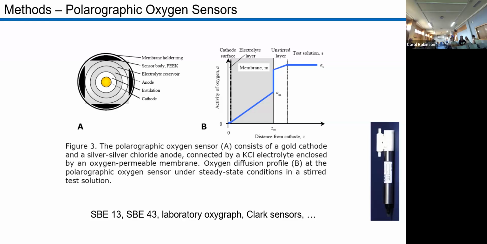One of the consequences is that for this sensor you have a warm-up time, a few minutes before we are able to do measurements. Just to note that this is the technique used by the Seabird sensors that we use on the CTD.